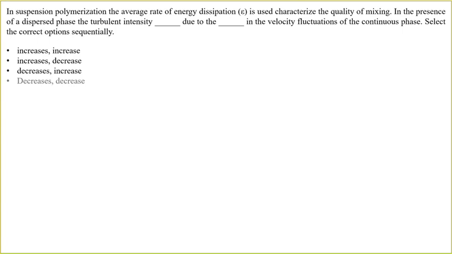Since there are fluctuations in the velocity of the continuous phase, the turbulent intensity decreases due to the decrease in the velocity fluctuations of the continuous phase. So both terms are decreasing. That's why the correct answer for this is the fourth option, that is, both of them decrease: in the presence of dispersed phase, the turbulent intensity decreases due to the decrease in velocity fluctuations of continuous phase.